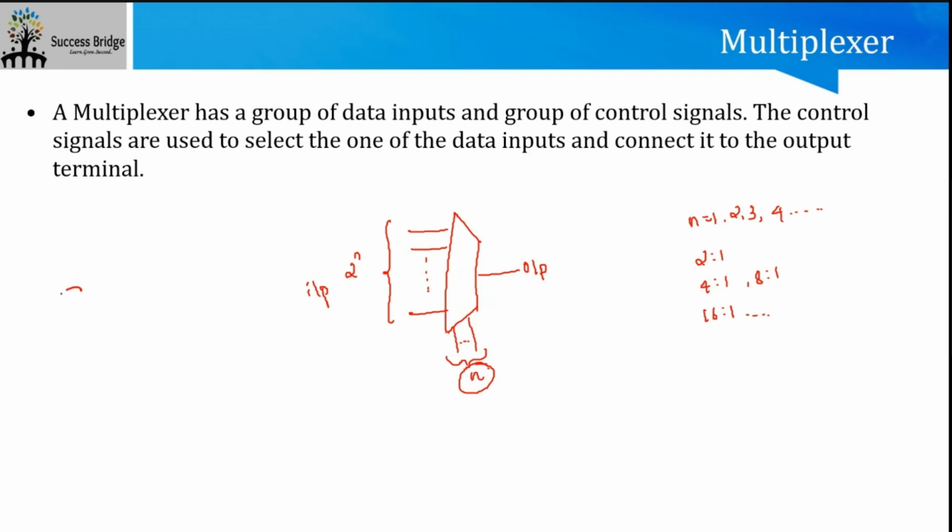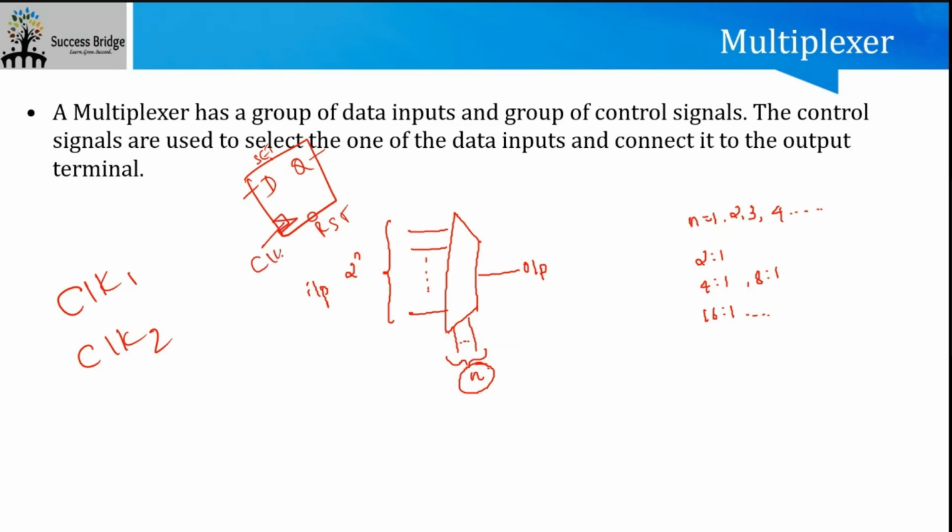There is clock 1 and clock 2, and this is my flip-flop with D input, Q output, reset, set, and clock.